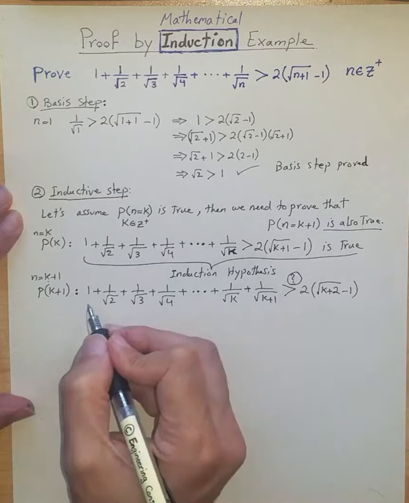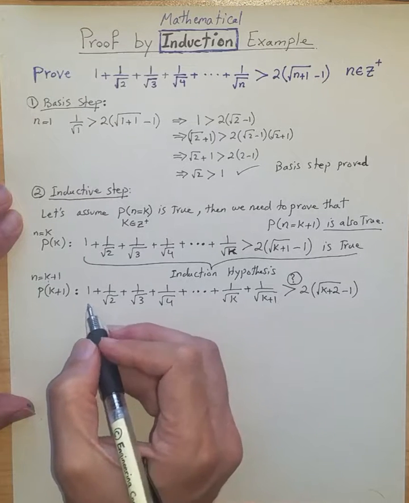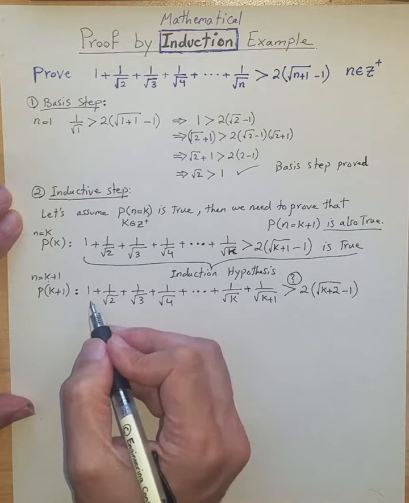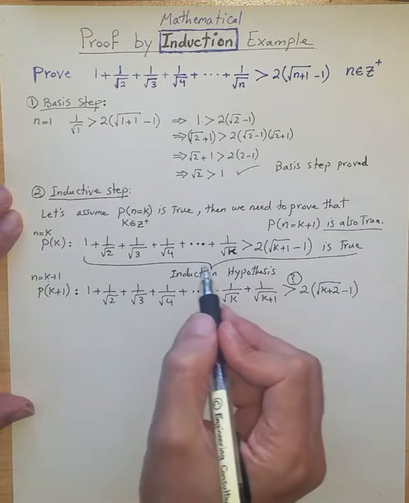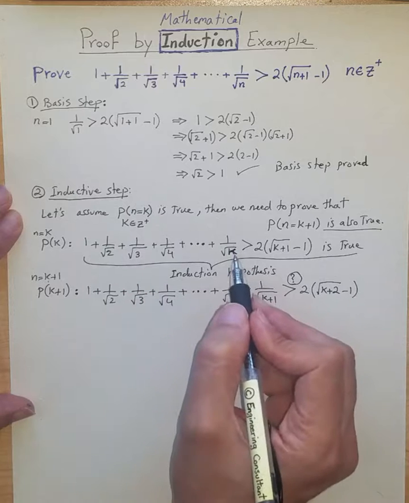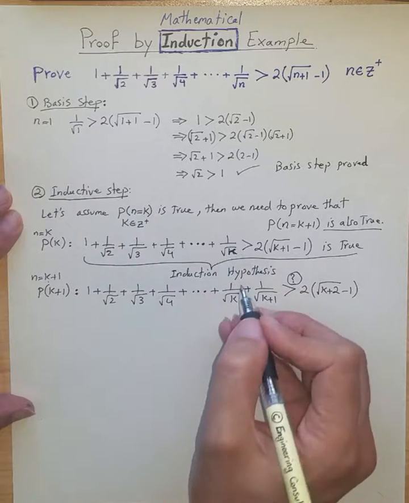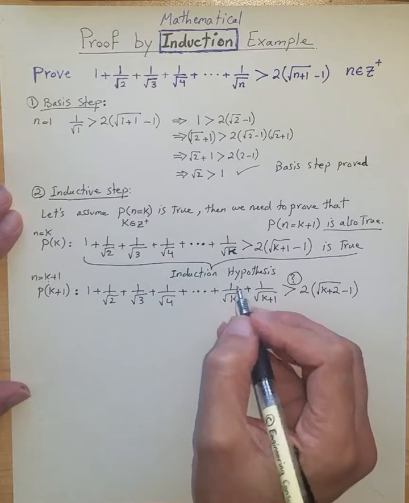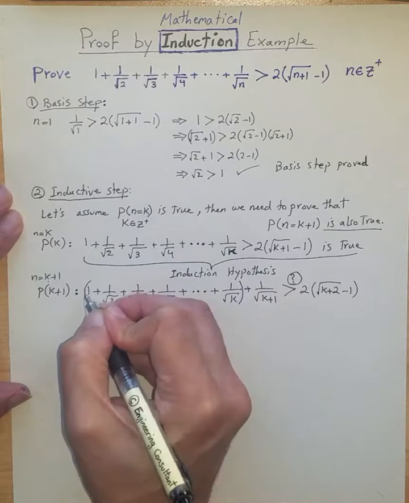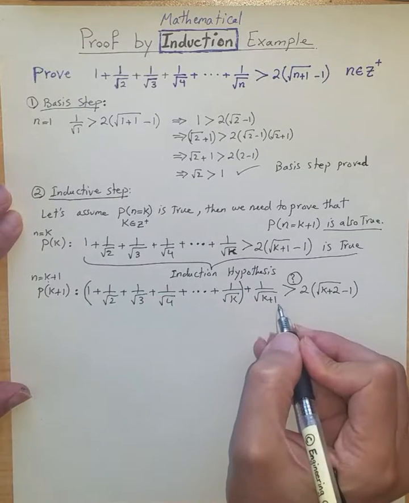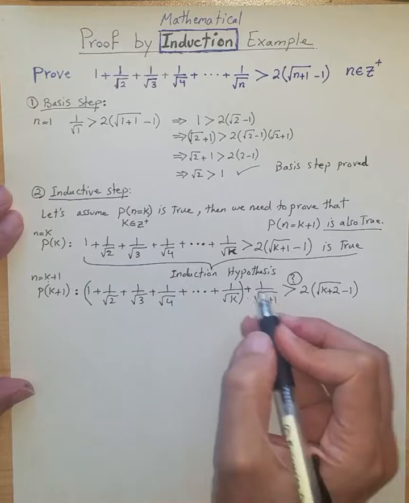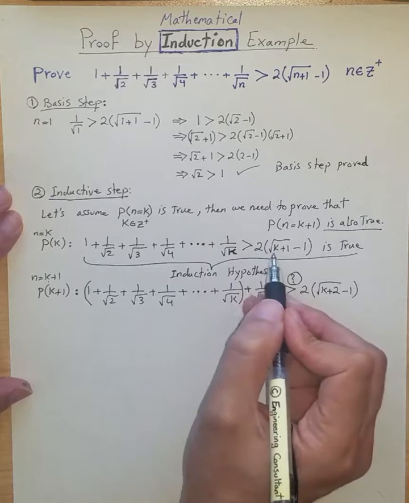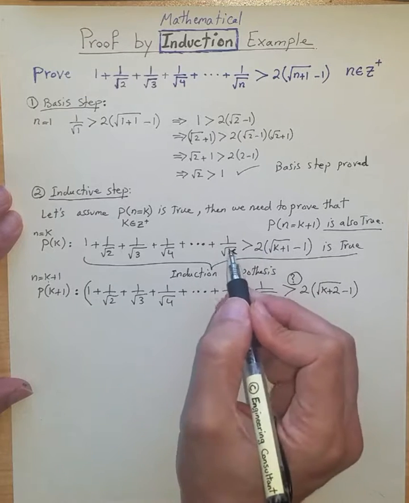If you look at the left-hand side of this inequality, it's very similar to the left-hand side of the induction hypothesis that we assumed is true. So in order to get to this left-hand side, I'm going to add this additional component to both sides of the induction hypothesis.